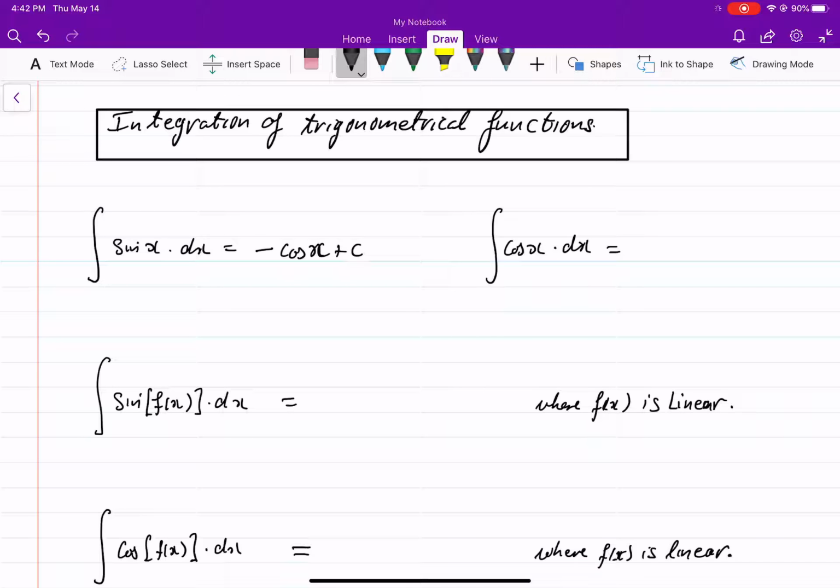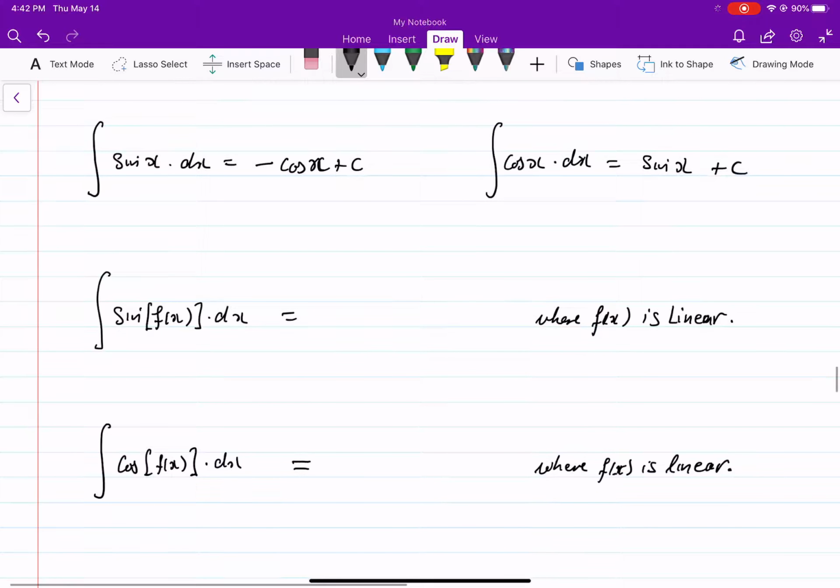The integral of cos x is positive sine x plus c. Again, you'd remember when you differentiated cos, you got minus sine. So when you integrate cos, you get positive sine. Okay. How do you find the integral of sine of a function of x dx, where f of x is linear again?